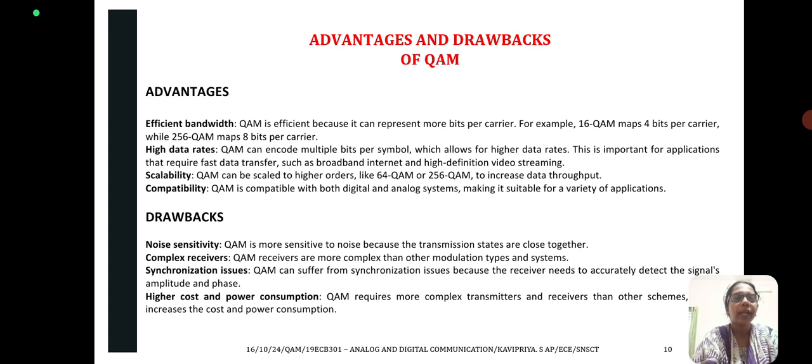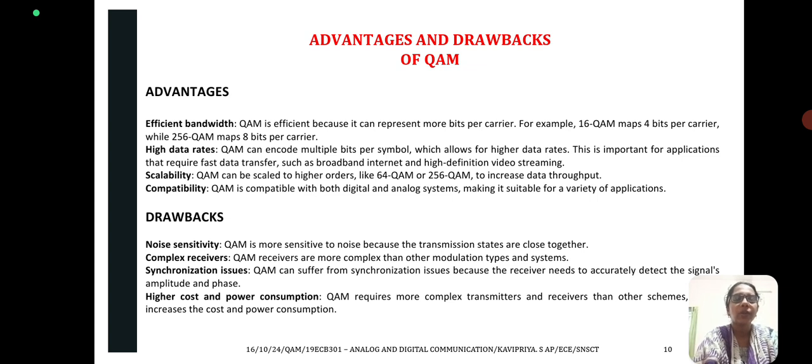QAM can encode multiple bits per symbol, which allows a high data rate, important for applications that require faster data rates, such as broadband internet and high definition video streaming. Next is scalability. QAM can be scaled to higher orders like 16 QAM and 256 QAM to increase data throughput. Next is compatibility. QAM is compatible with both digital and analog systems, so it is suitable for a variety of applications.